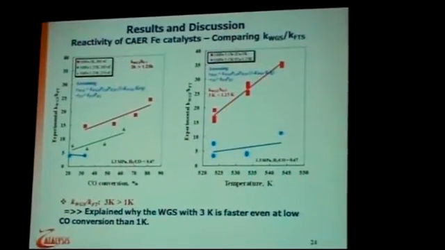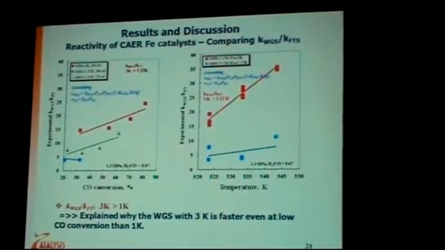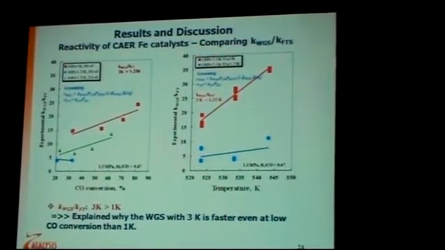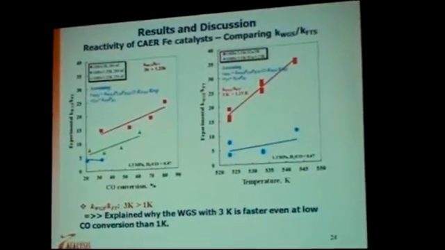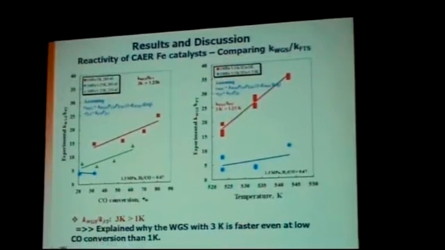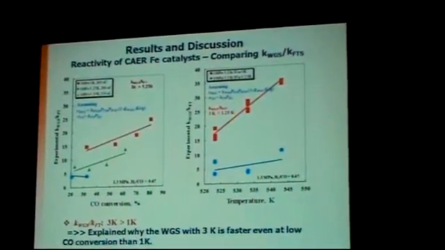More interesting is if we compare the ratio for the 3K and 1K catalysts: the red line is 3K and the blue line is 1K. The ratio for the 3K is always greater than for the 1K. So this means more activity in the water gas shift reaction. This clearly explains why the 3K catalyst shows greater water gas shift reaction even at low conversion levels.